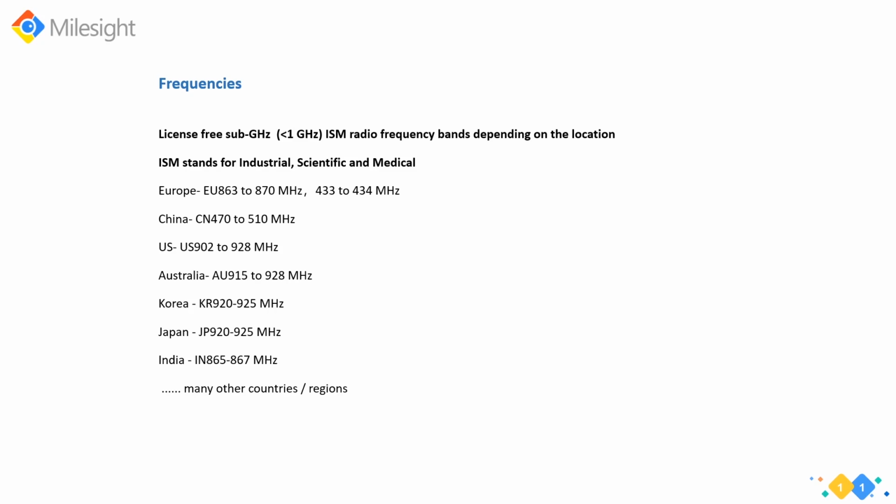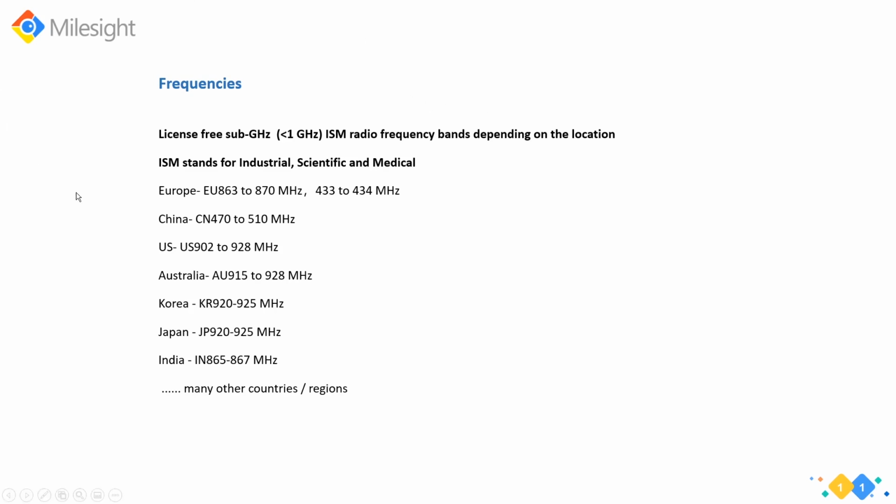But if you are a solution provider, if you want to ship devices to different countries or deploy a solution in different regions, please choose the right version with the right frequency, because it's decided by the hardware, by the LoRa chipset. You cannot change it through firmware or software upgrading.